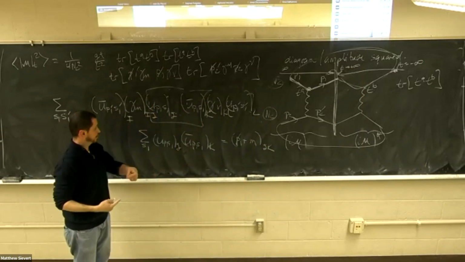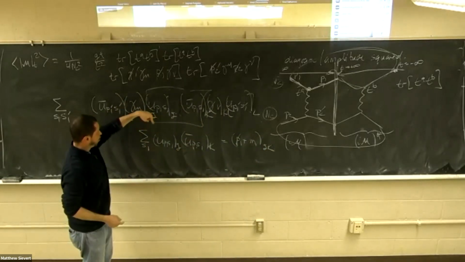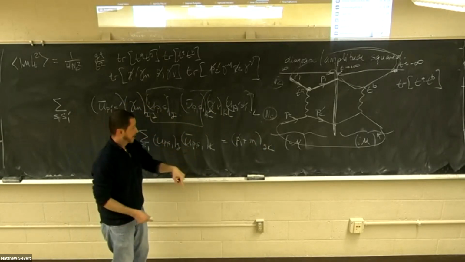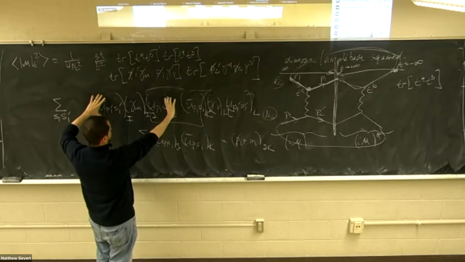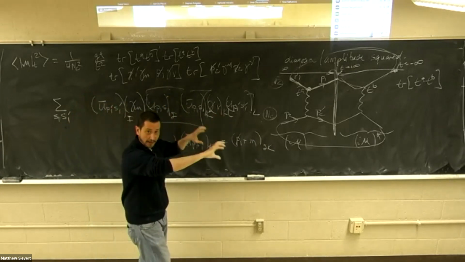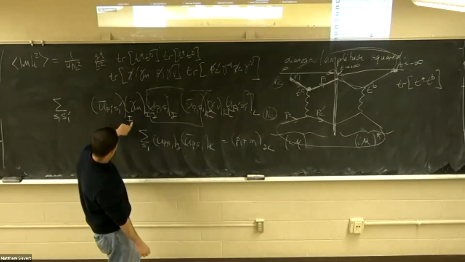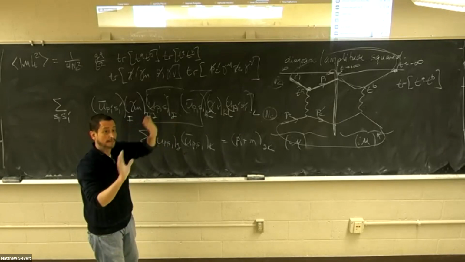So I think part of the question is how do I know what indices connect to what? Why am I allowed to pick out this u bar 1 prime u1 and then slide it past the other factors? The reason is because of how the indices are connected with each other. If you write down this I, J, J, then there's no ambiguity.